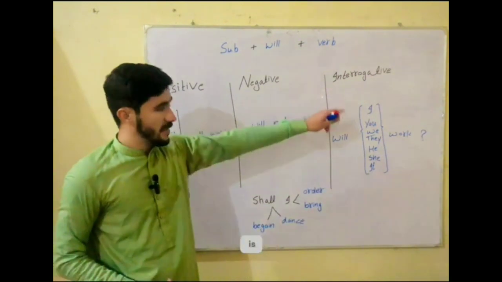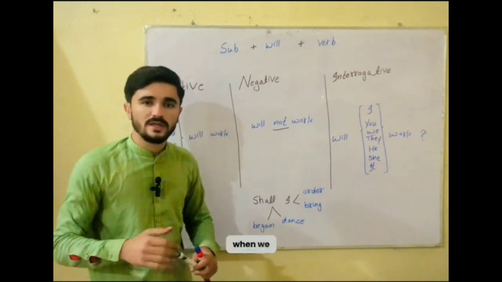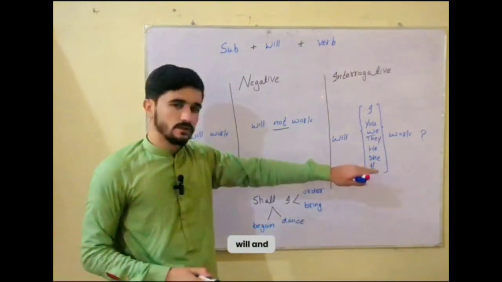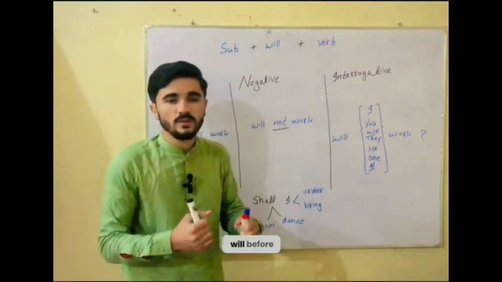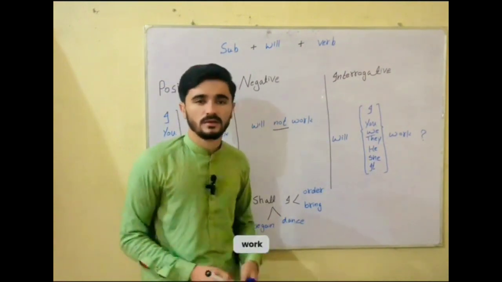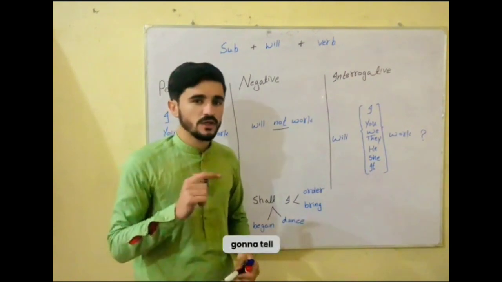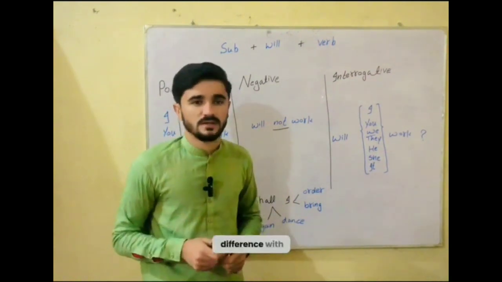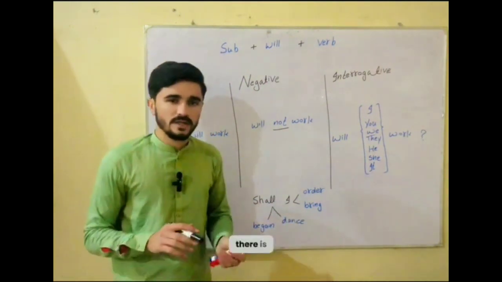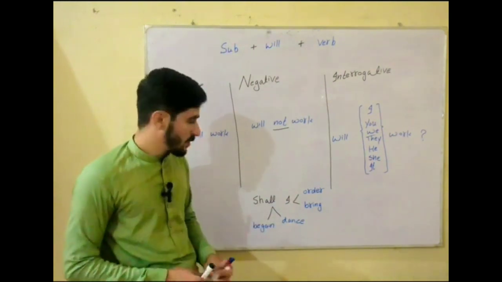And the last one is interrogative, meaning question sentence. When we make a question, we use will before the subject. For example, will I work, will they work, will she work, will we work. But I'm going to tell you the difference between will and shall. There is not any big difference, but a small one.